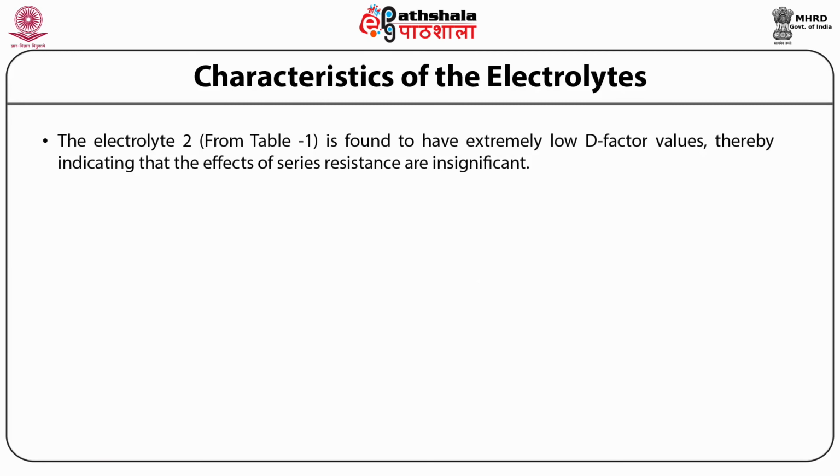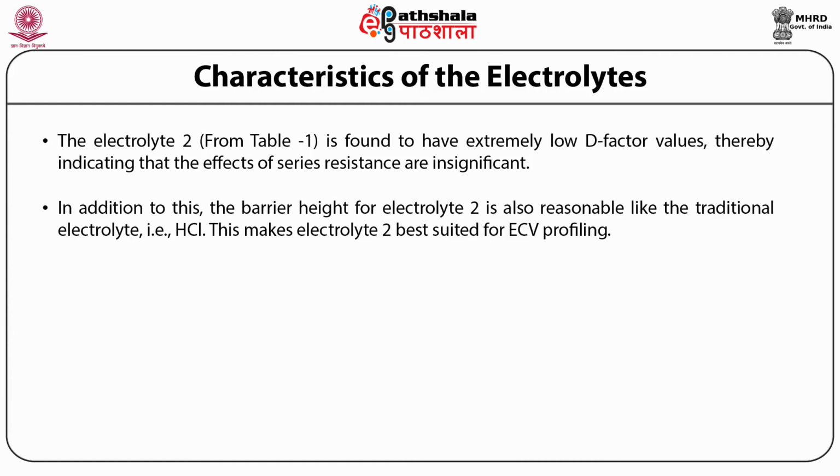Electrolyte 2, that is from Table 1, is found to have extremely low D factor values, thereby indicating that the effects of series resistance are insignificant. In addition to this, the barrier height of electrolyte 2 is also reasonably like the traditional electrolyte, that is HCl. This makes electrolyte 2 best suited for ECV profiling.